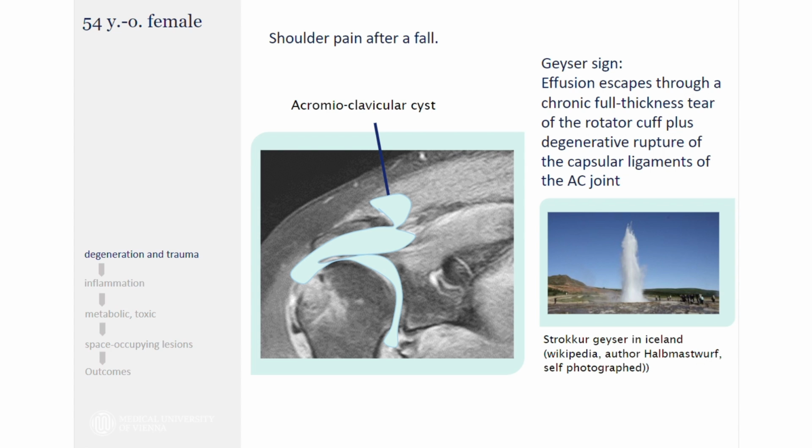That's the so-called acromioclavicular cyst that you see here. Such an acromioclavicular cyst develops as the result of a degenerative rupture of the whole tendon complex. The patient had a fall, and what you see here is a fracture of the greater tubercle, which is a very simple diagnosis.